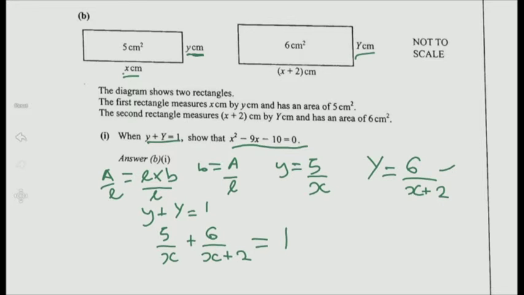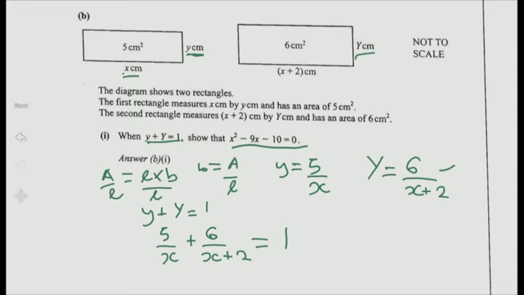In this case, it's x and x plus 2. So your LCM there of x and x plus 2 will be the product, that is x times x plus 2.